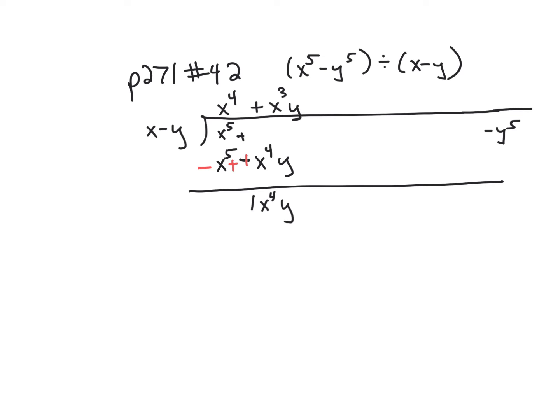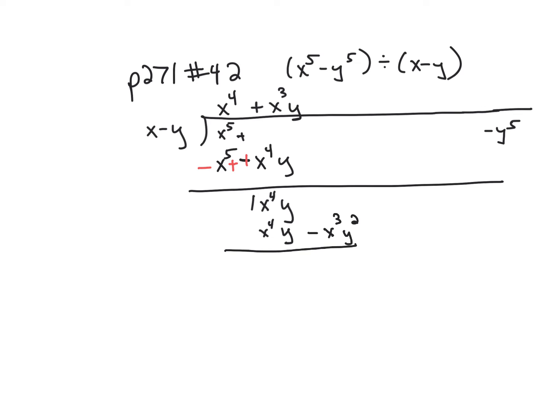Okay, now I'm going to multiply this term times this entire binomial, so both of those terms. What I'm going to get is x to the fourth y, and then when I multiply the negative y times this, I'm going to get minus x to the third y squared.